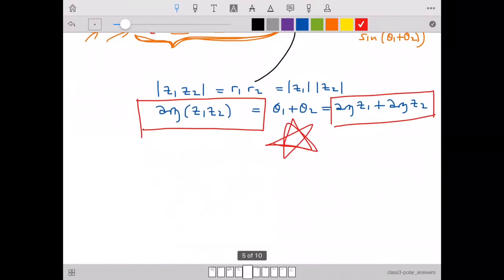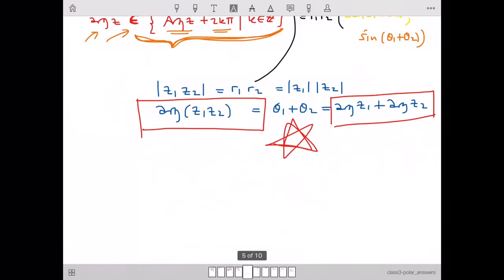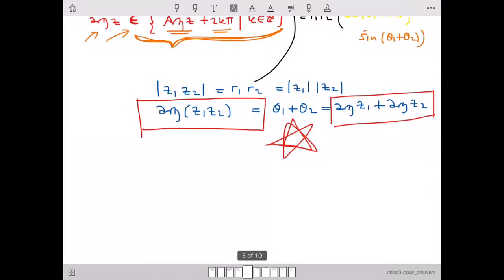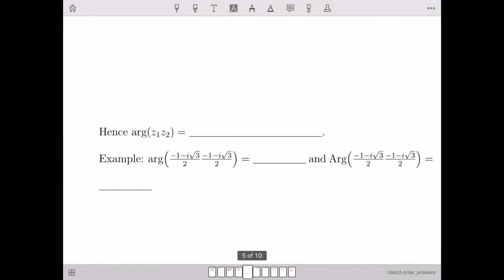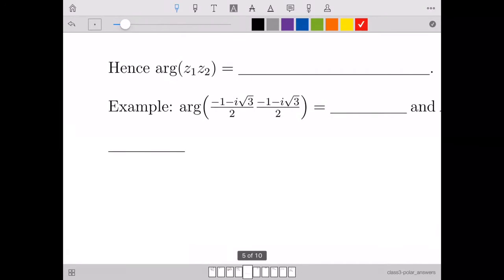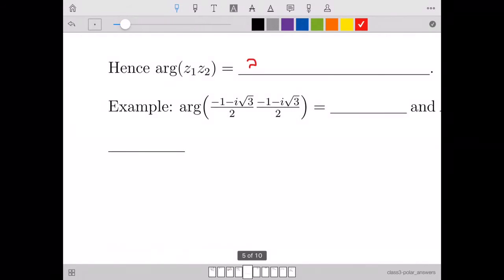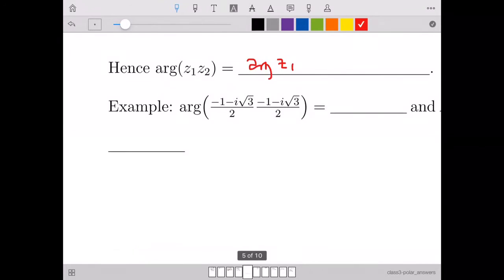So for the argument of the product, you just add the two individual arguments. Hence arg Z1 Z2 is an argument of Z1 plus an argument of Z2.